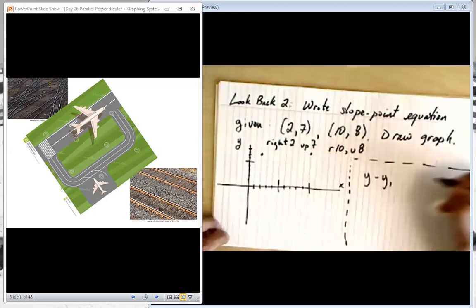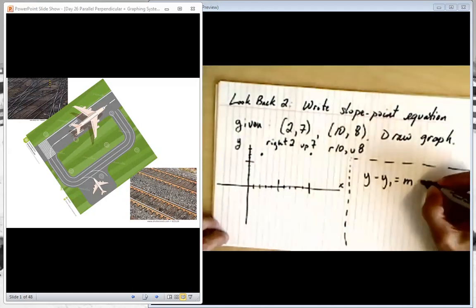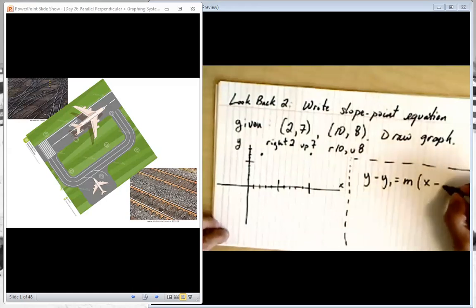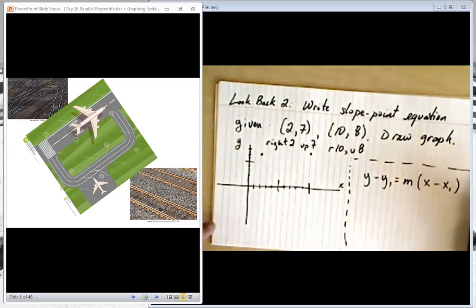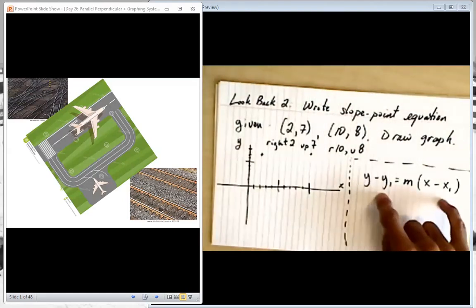Okay, looking for this one. Yeah, close brackets like that. That's good. Similar challenge as before. We need the slope and not the y-intercept, but a point.